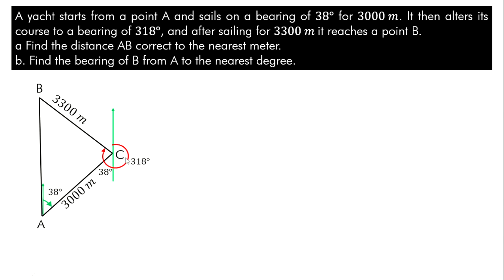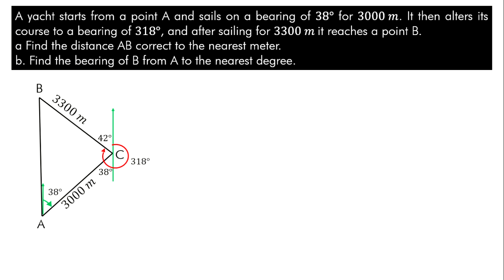And then this bearing is 318 degrees, right? So if we look at this as a whole, this angle is equal to 360 degrees minus 318 degrees, and 360 minus 318 is 42 degrees.